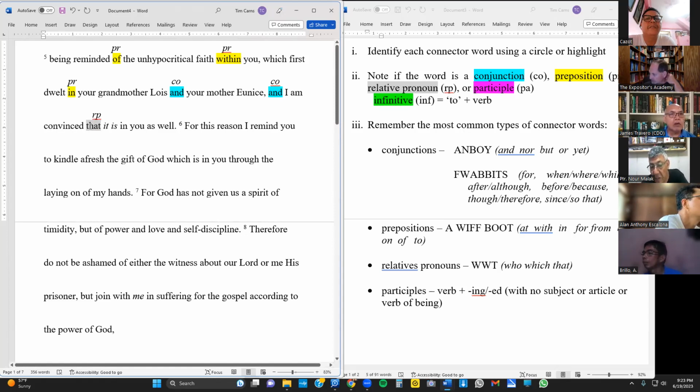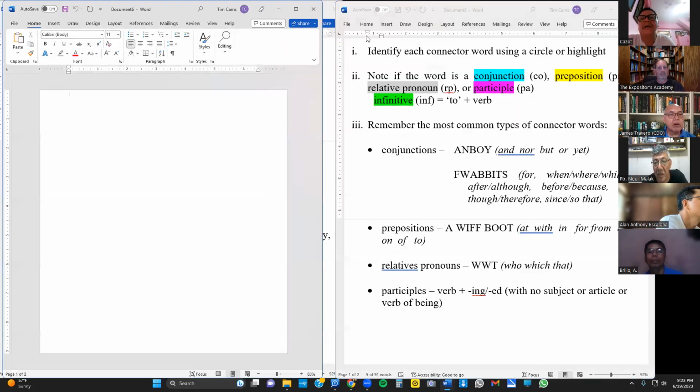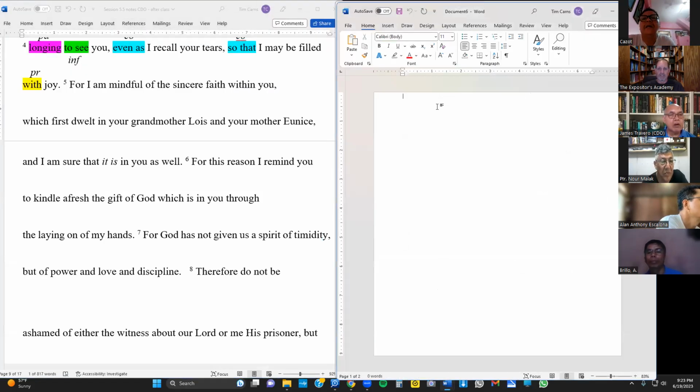This is one of those uses of, remember when we talked about the word that, I mentioned to you that this is one of those challenging words in English where it can function in several different ways.